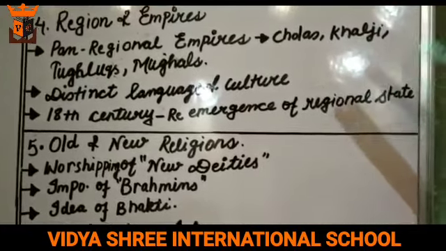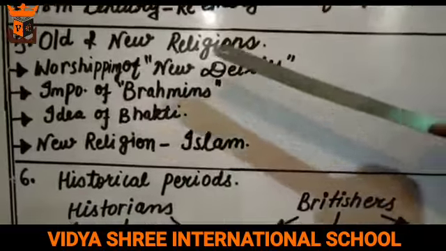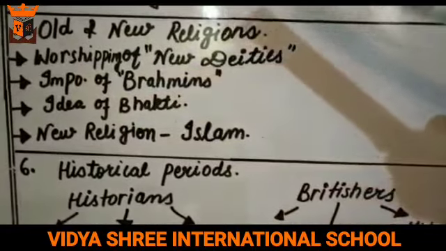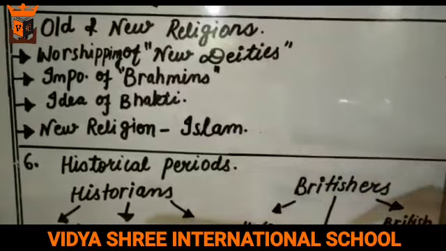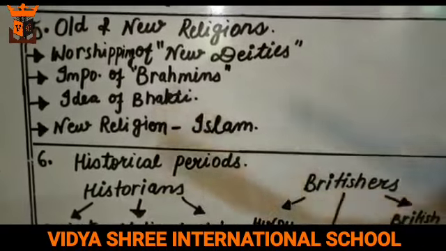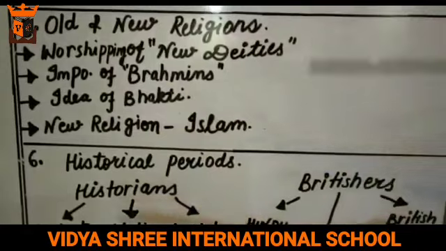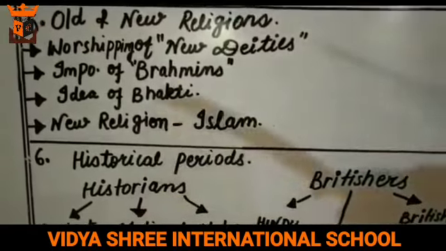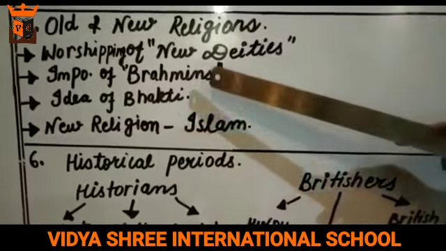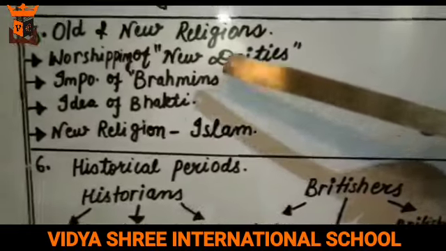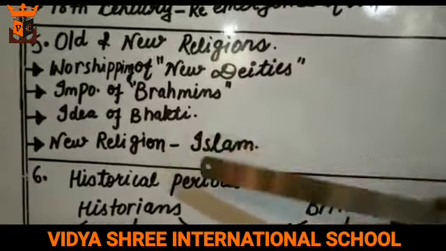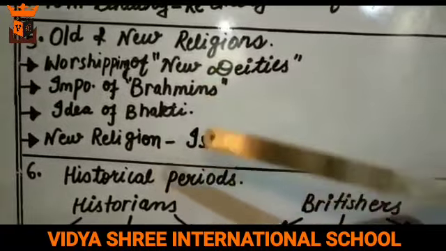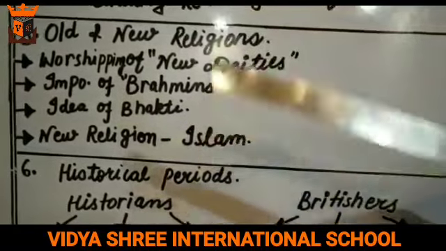Now the next change that we will be going to discuss is old and new religions. So we have already learned that the 1000 years of history that we are exploring witnessed major developments in religion too. Like in Hinduism, worship of new deities started and importance of Brahmins also grew in this period and they became a dominant group in the society.